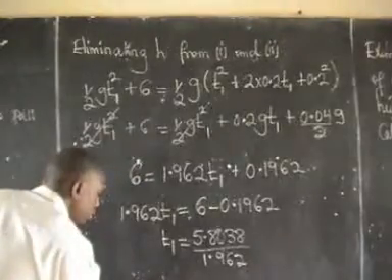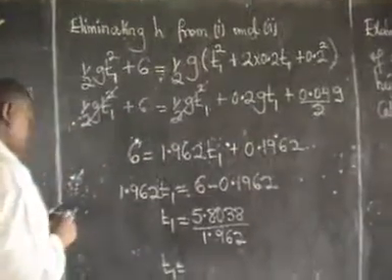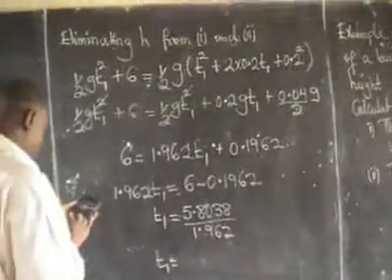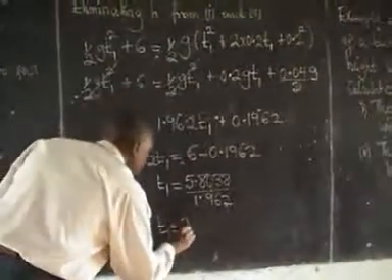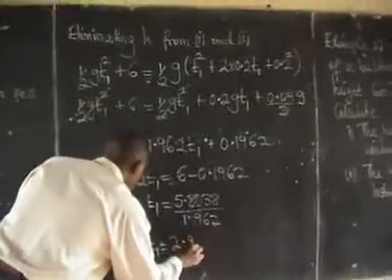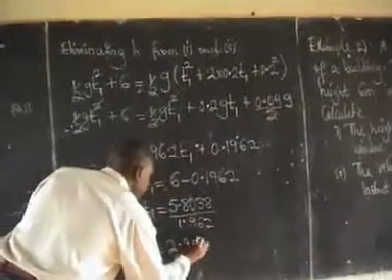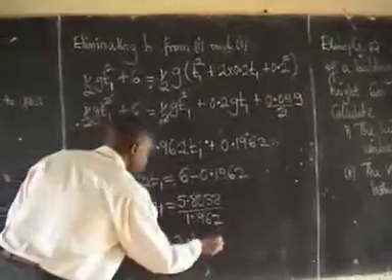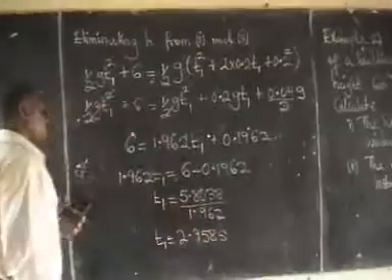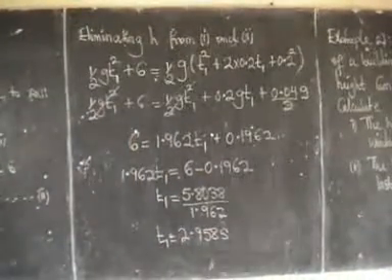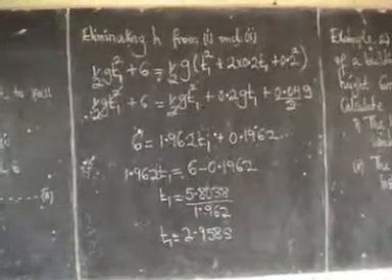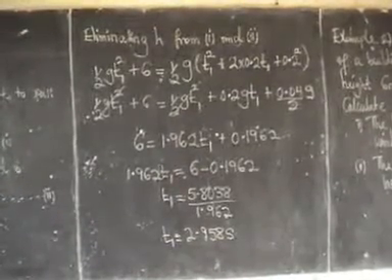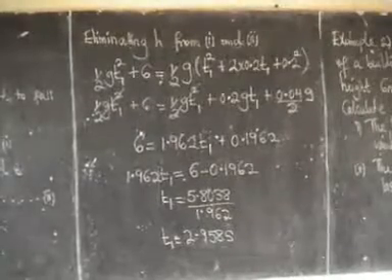So T1 is equal to 2.958 seconds. So it means that the body took a time of 2.958 seconds to fall from this point to that point.